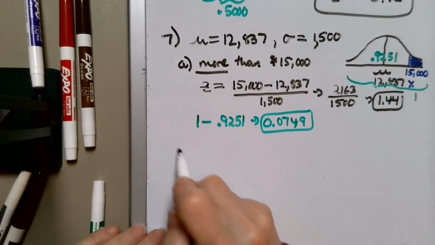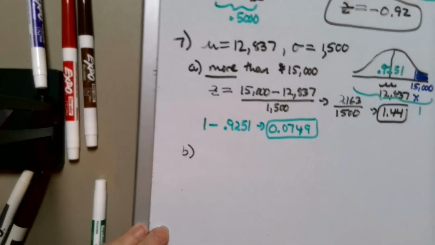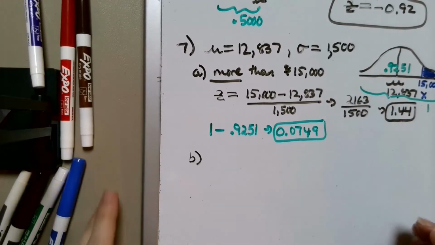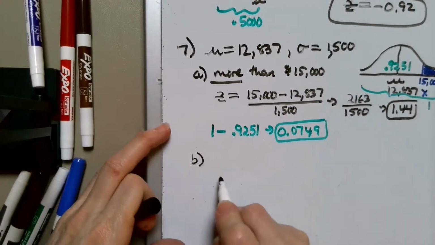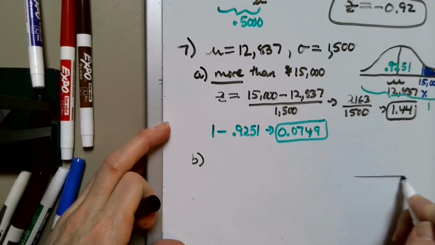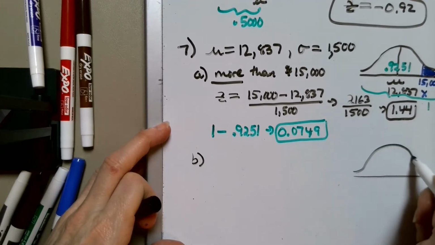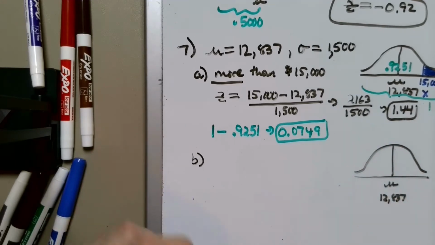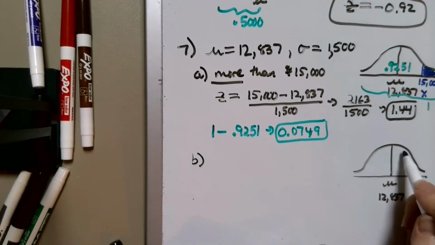So question 7b says, this is the probability that a student would make between $13,000 and $14,000. Okay, so again, let's draw the picture here. So in the middle is our population mean of 12,837, that's mu. 13,000, a data value x, is more than 12,837, so it's to the right of the mean.